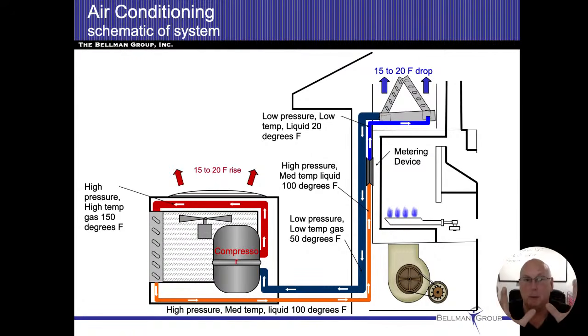So when the system is fully up and running, as I continuously add pressure to the system, the metering device is continuously releasing the same amount of refrigerant so that I can get that equilibrium of pressures, and I can make the change of state, going from a liquid to a gas or gas to a liquid. My change of state is what I was looking for.